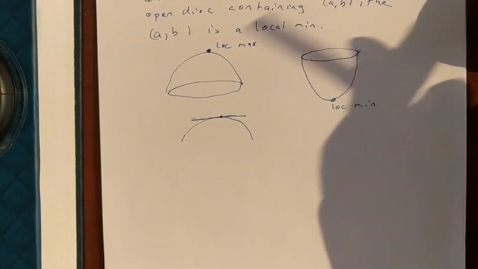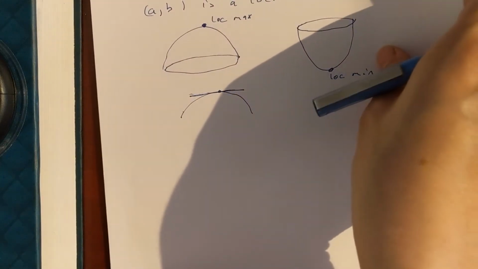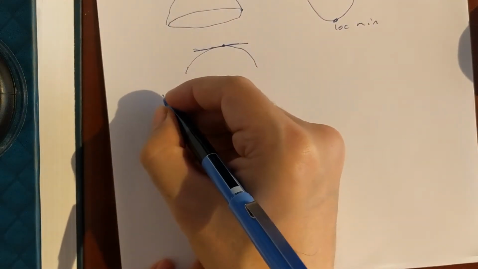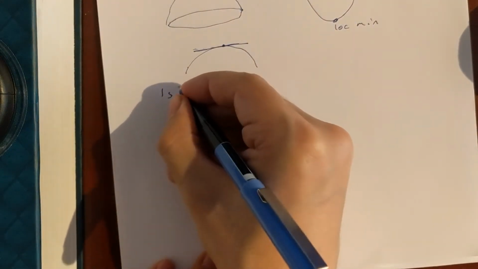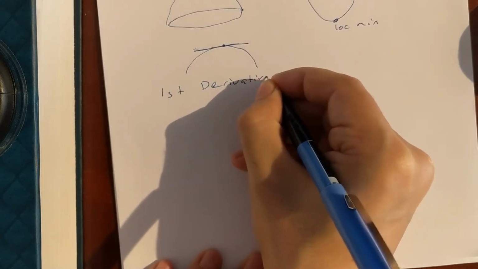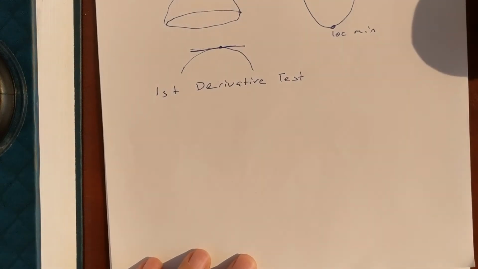So this carries over. We can write down the first derivative test. We need the derivatives to be zero. First derivative test. This is exactly the same as in single variable calculus, but we're going to look at two variables now.